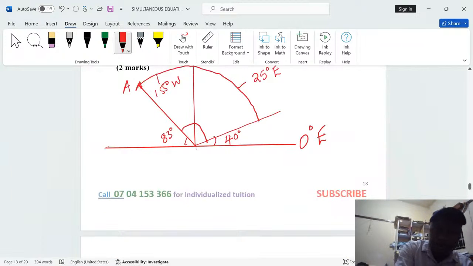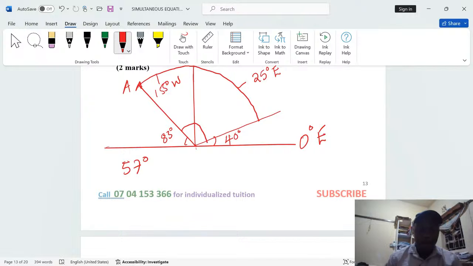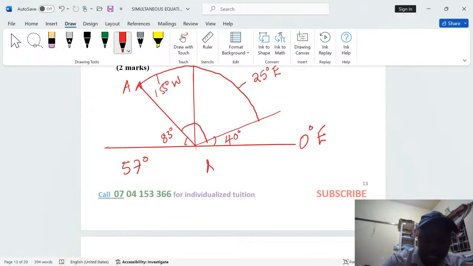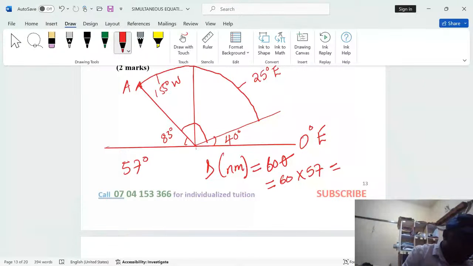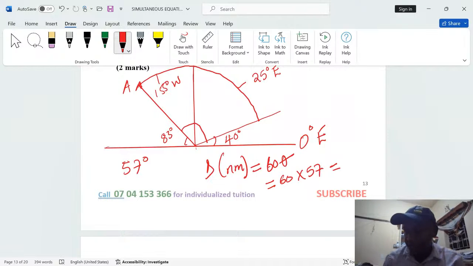So an angle of 57 degrees. Now with an angle of 57, we are able to talk about distance, but now in nautical miles. So it will be 60 multiplied by beta, because it is along a great circle. 60 by 57 is going to be 3420.